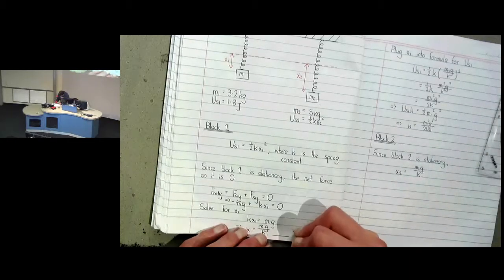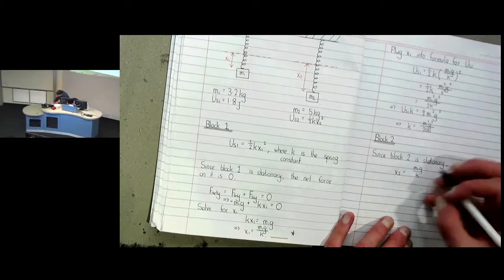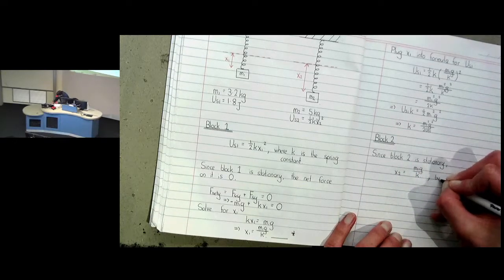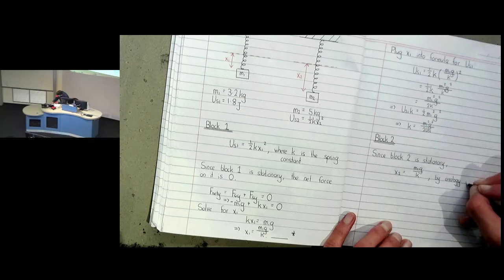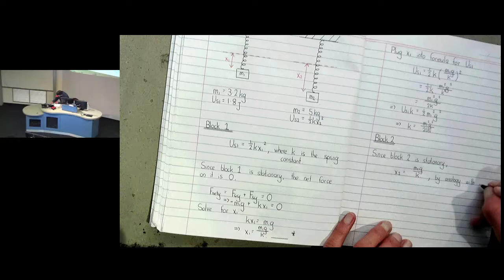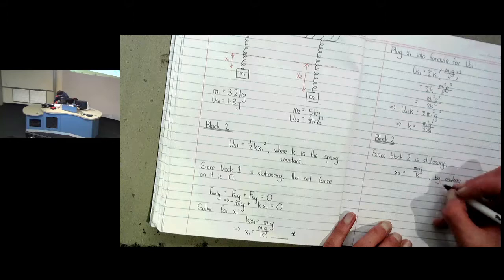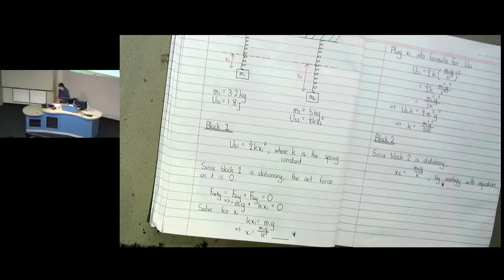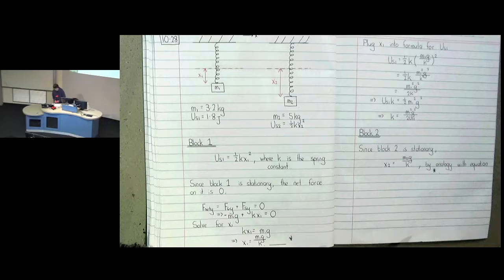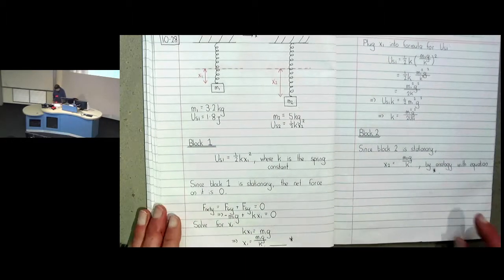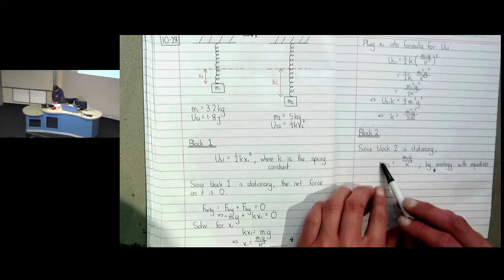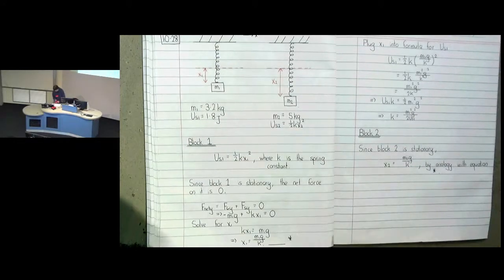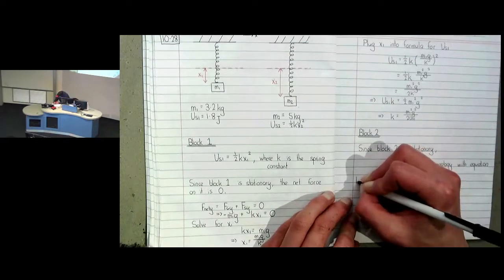Since block 2 is stationary, we have this by analogy with equation star. And so now, since we know what the spring constant is, we can calculate this x2, which we can then plug into there.